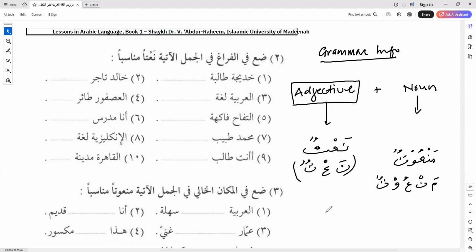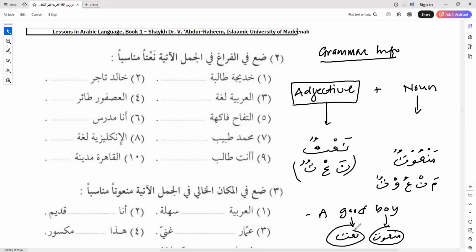So if you say a good boy in English, in Arabic, the word good here is called na'at, because that's the adjective. And then the boy is the man'ut. That's the one being described as being good. So you need to pay attention.